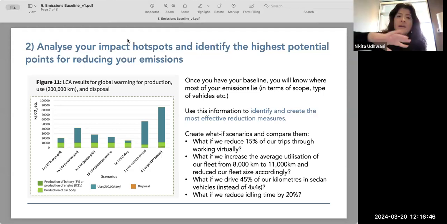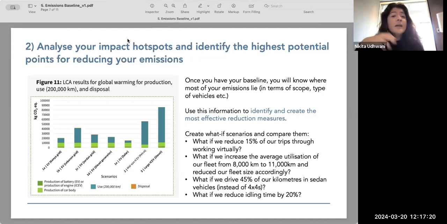Once you've set your baseline, you could ask, what would happen if we reduced the number of kilometers we drove by 15%, because we would implement a policy with more virtual working and so forth? What would that do to our emissions? Would it reduce them also by 15%, by more, by less?